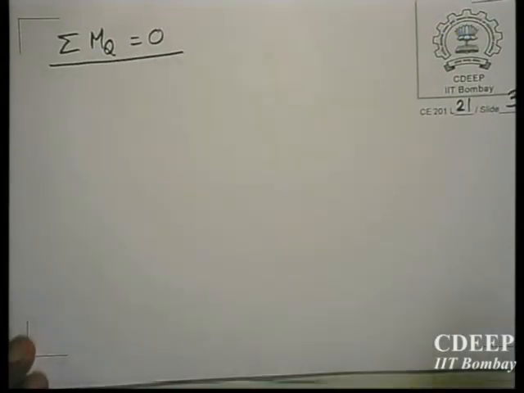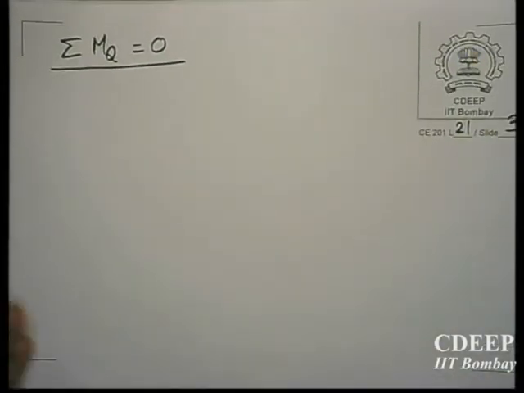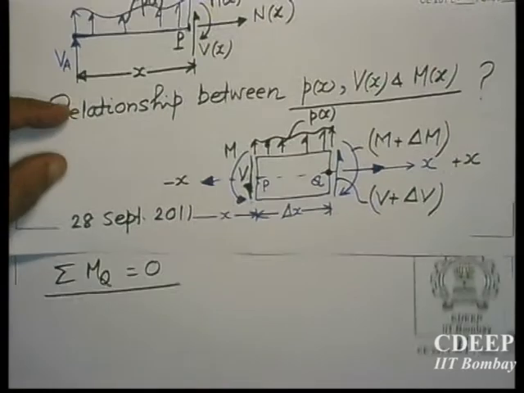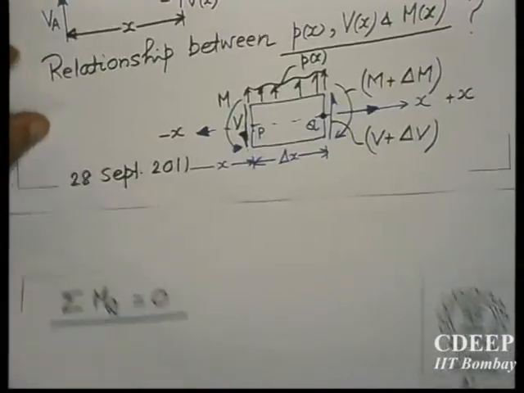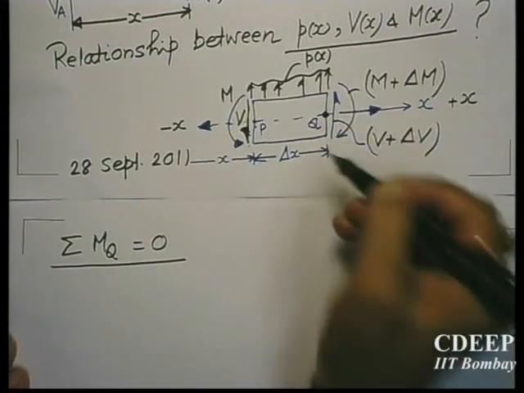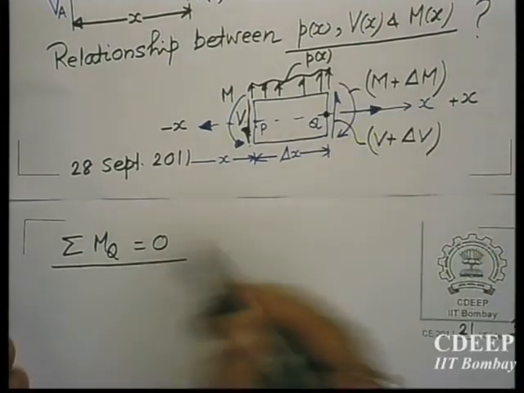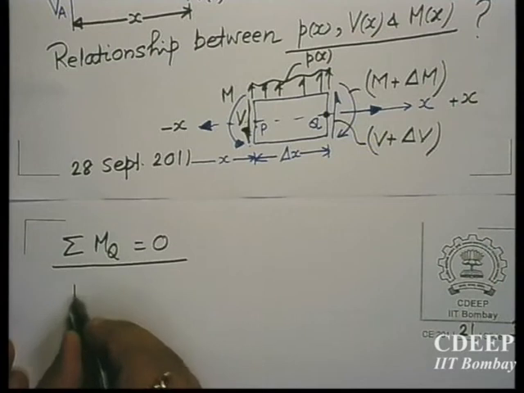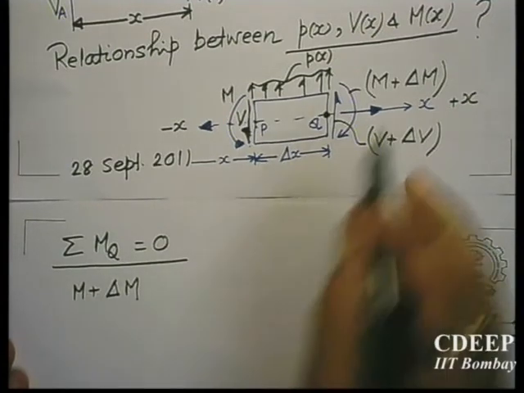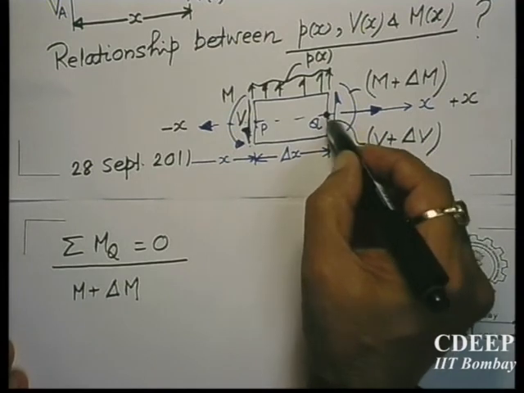At any point it will be 0, but I am taking q for convenience. So, you have, taking this moment as m plus dm, this one will be 0.